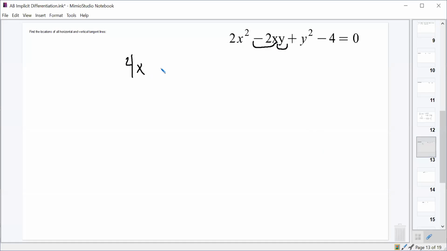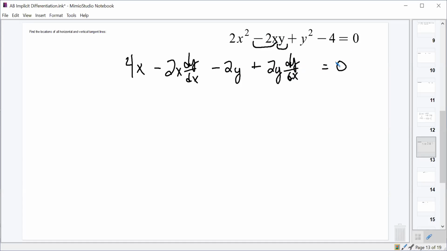So we'll have minus 2x dy dx as our u times the derivative of v. And then we'll have the derivative of u, which is minus 2, times our v, which should just be y. And then our y squared should be 2y dy dx. The minus 4 is 0, and the 0 is 0.